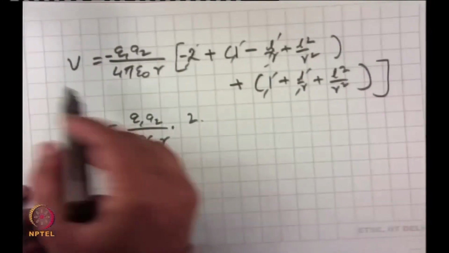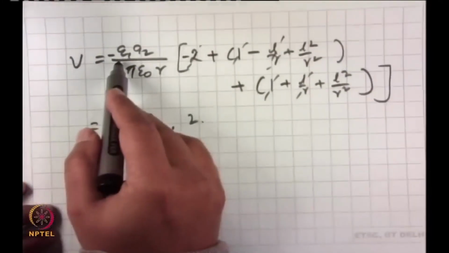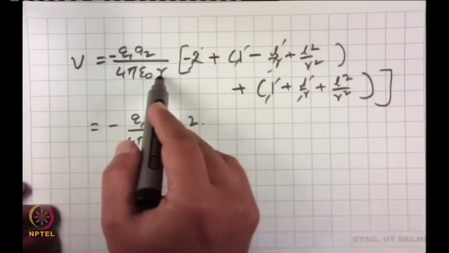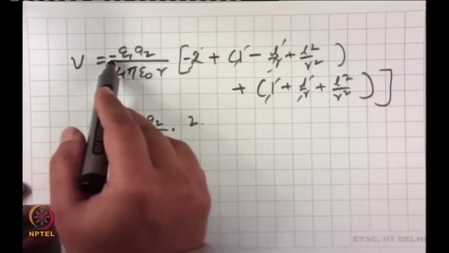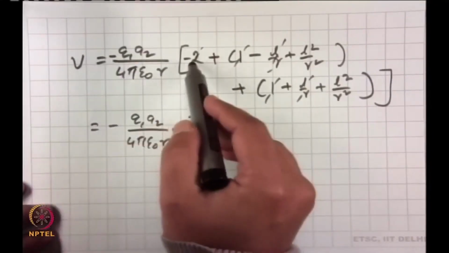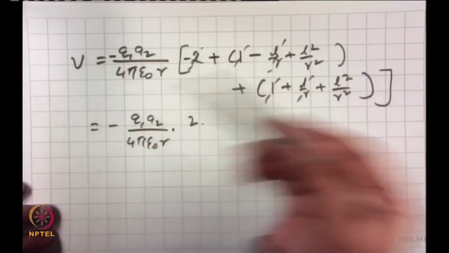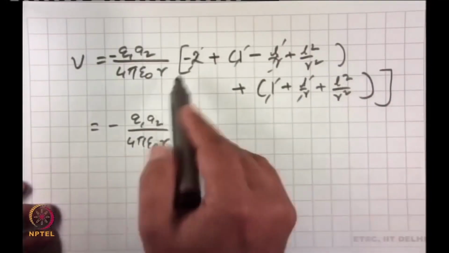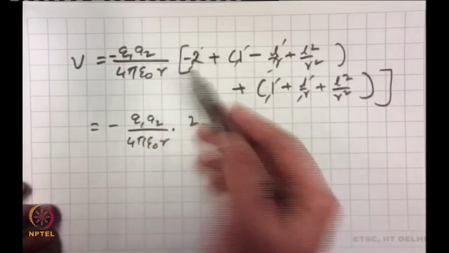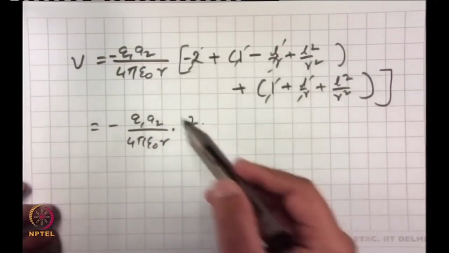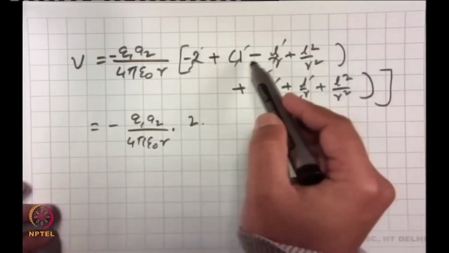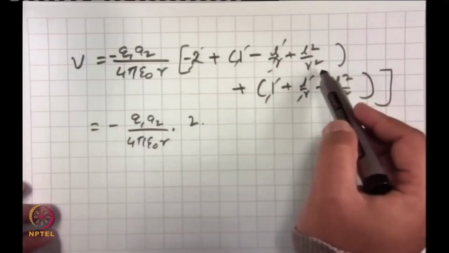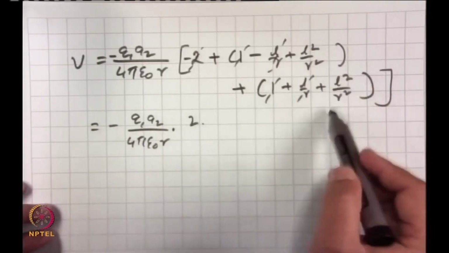what I can do is write V is equal to minus Q1 Q2 over 4 pi epsilon 0 r. I have taken a negative sign out, and hence accordingly the signs change inside the brackets. This 2 becomes minus 2, it was positive before, it now becomes negative, and everything else is taken care of. So, here you can see, I have 1 minus L by r plus L square over r square and 1 plus L by r plus L square over r square.